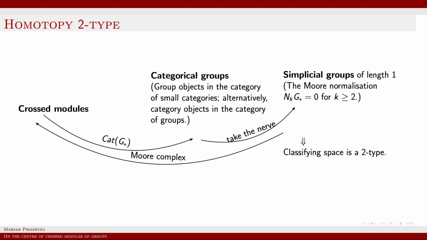From this definition, with two groups and a homomorphism, we get equivalences of categories to categorical groups, as well as to 2-types. So the idea is that we investigate crossed modules because of their interest in topology, but we investigate them with tools from the world of category theory.